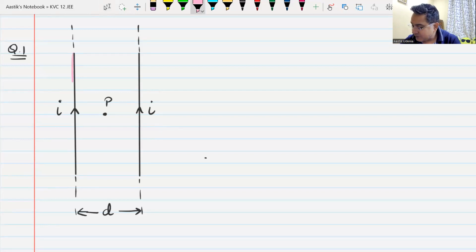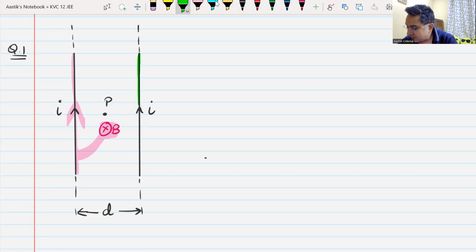If I look at this pink wire and find the direction of magnetic field using my finger, the magnetic field will be going inside due to the pink wire. We all understand this? Due to the pink wire, the magnetic field is going inside.